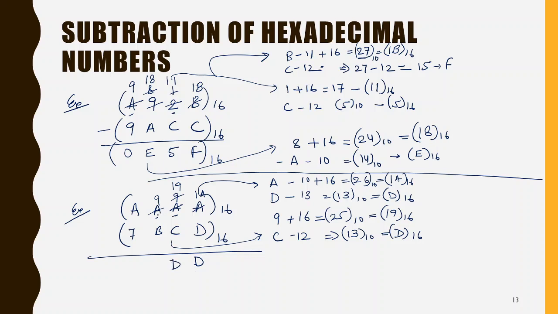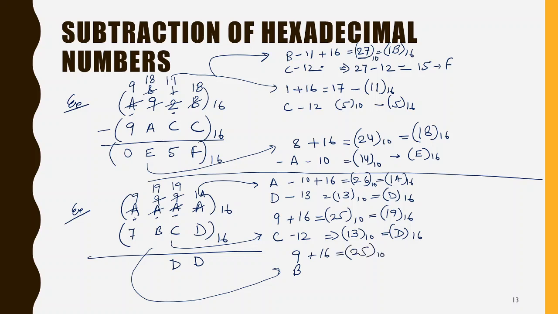Fine. Now again 9 minus B. This digit you have to resolve as 9 and B. So 9 minus B is not possible, right? So 9 will ask to borrow from here. So this will get reduced by 1 because this is 10, so it will get reduced to 9 and it will become 19 in hexadecimal. So plus 16, 16 plus 9 is 25 in decimal.